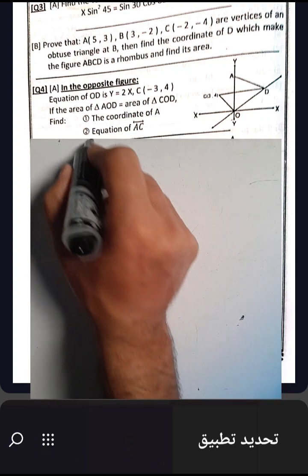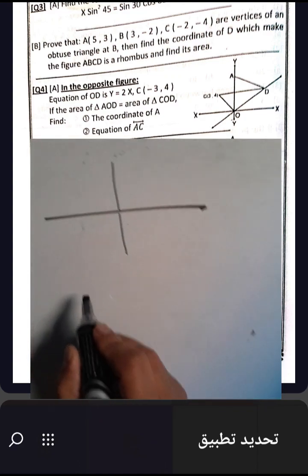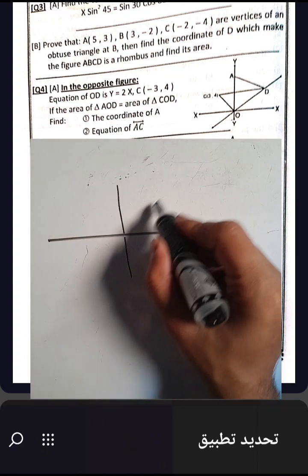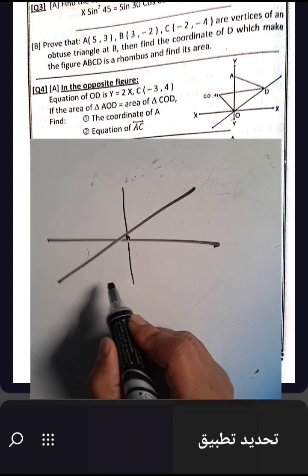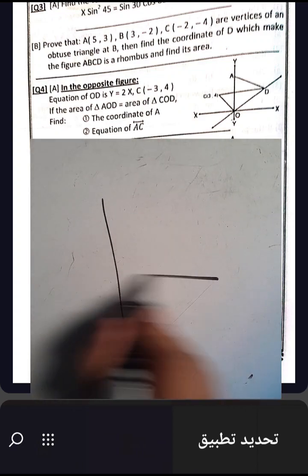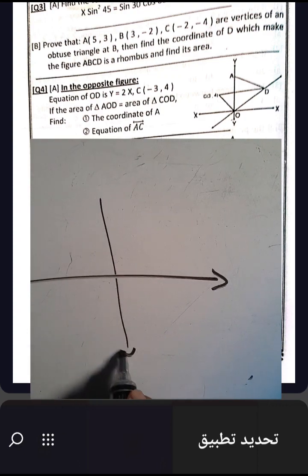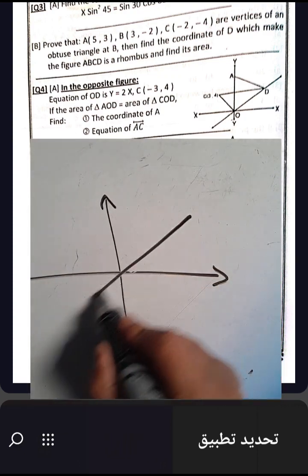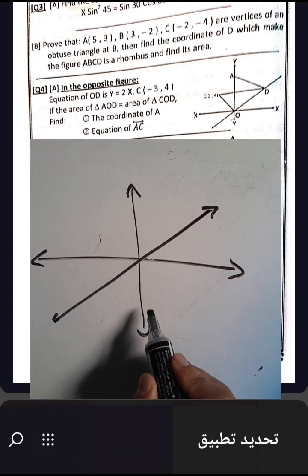Here in the opposite figure we have the equation of OD: y equals 2x. Okay, I will draw this straight line passing through the origin here, with the x-axis perpendicular to the y-axis.